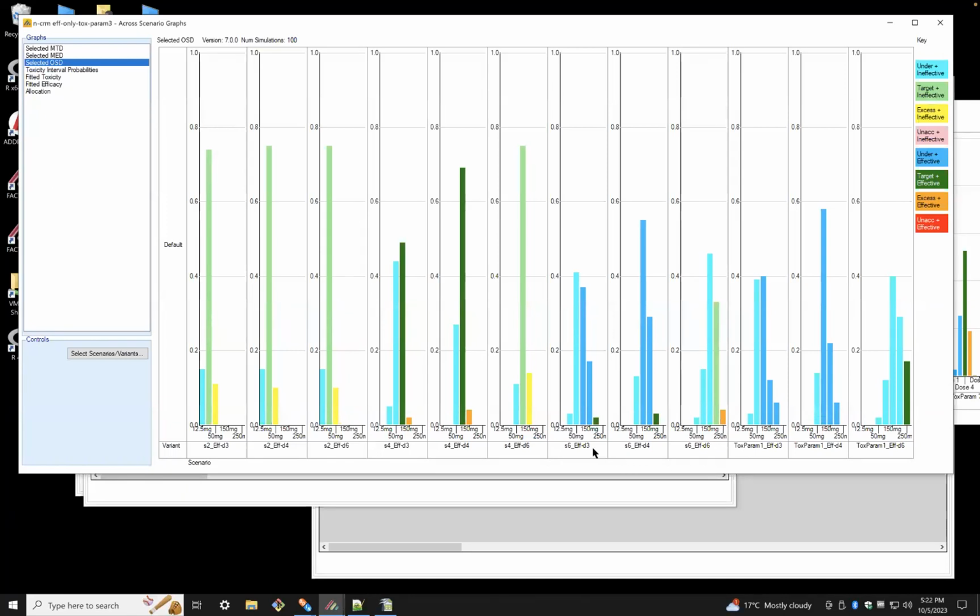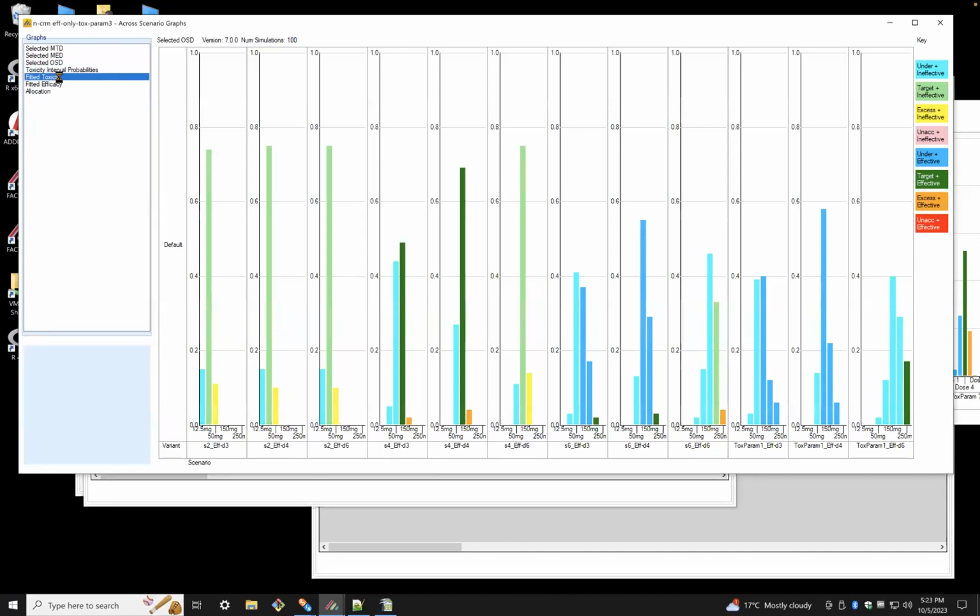So although we think efficacy is dose 6, it's obviously a little bit below. It's probably 0.4-something rather than 0.5. And then lastly, where the MTD is right at the very top dose, again you can see the MED is now being selected, and we're not capped by the MTD.